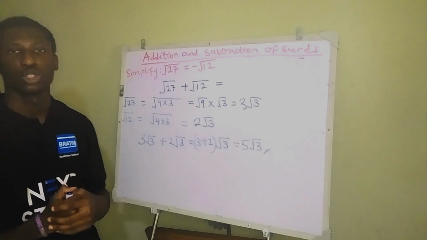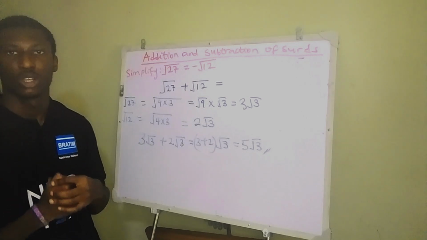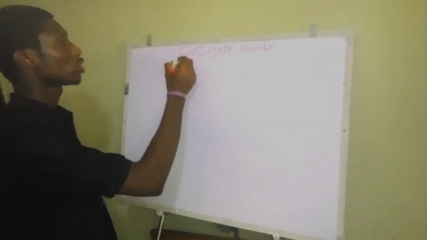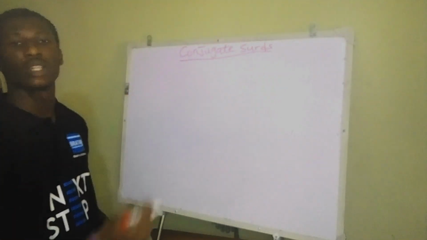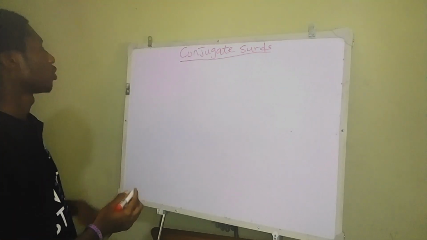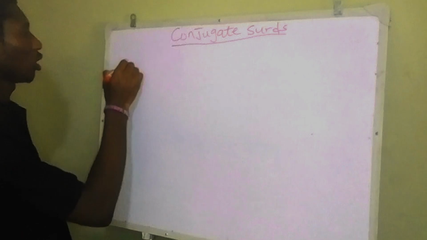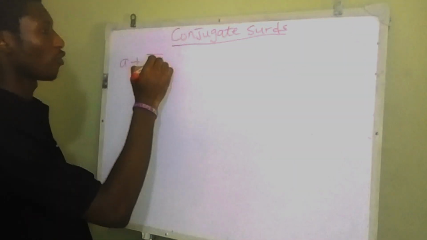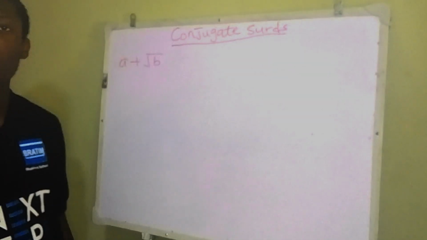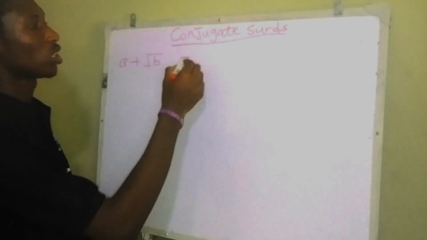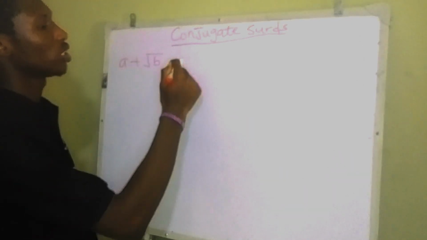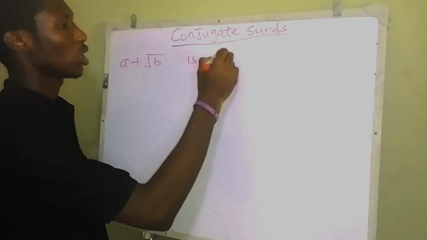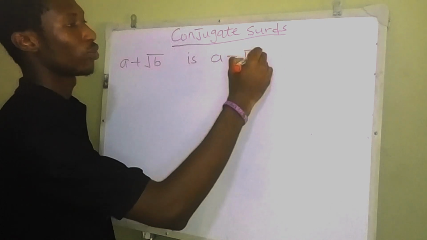So let's look at conjugate surds. If you have a surd expression a plus square root of b, its conjugate is a minus square root of b.